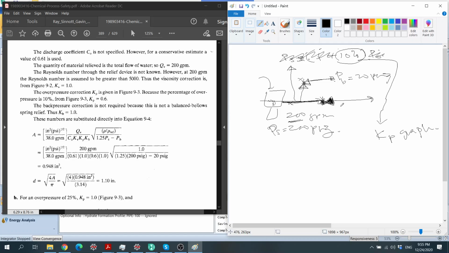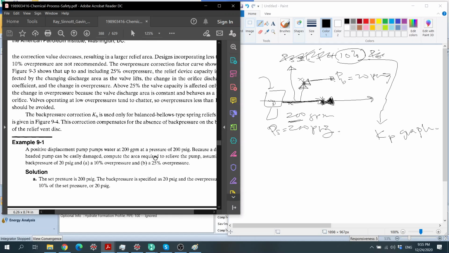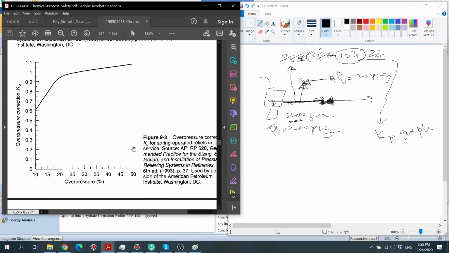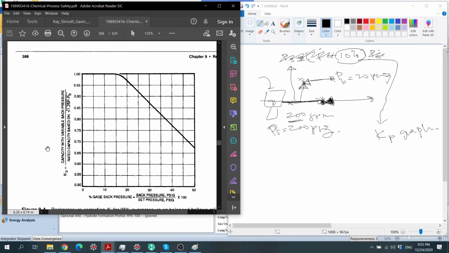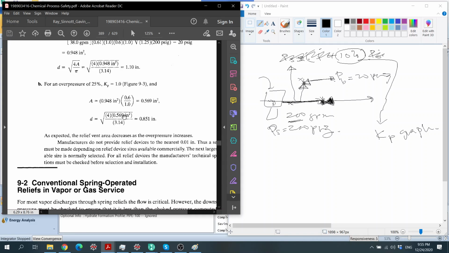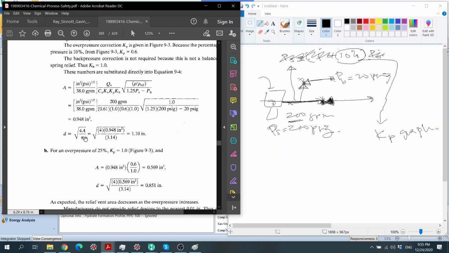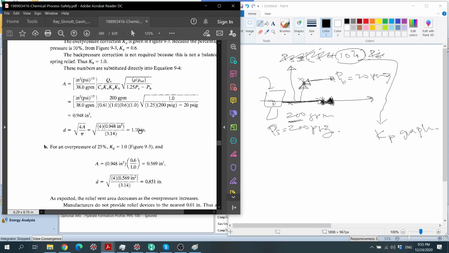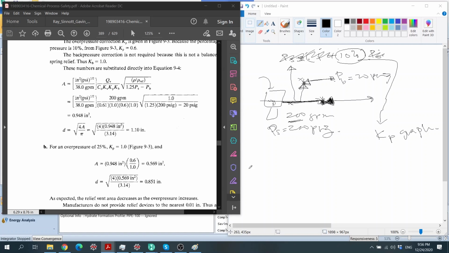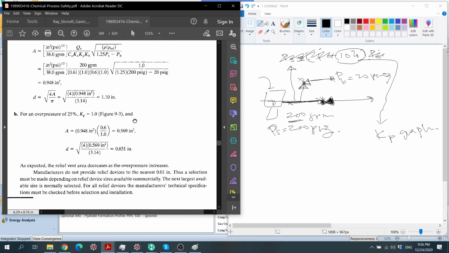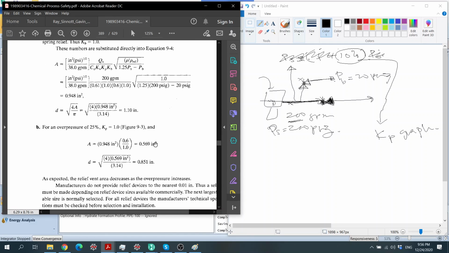So that's where they account for that 10% pressure over here. And just plugging in, they get the area of the orifice, and then they get the diameter. So we now know the size of the PSV. And then I think we can Google this, what is the corresponding type of the PSV.